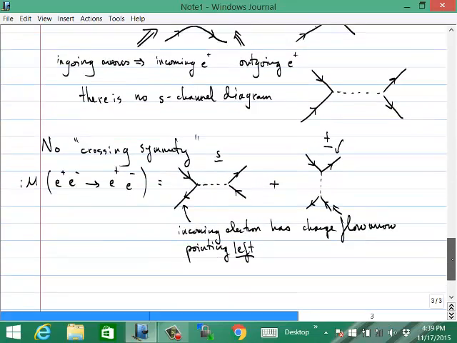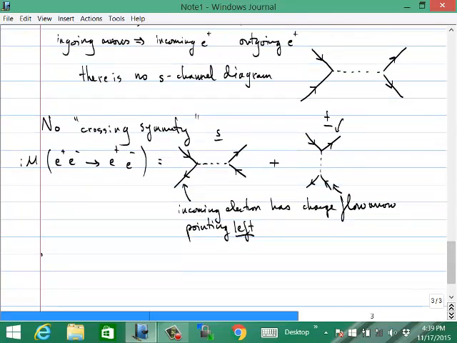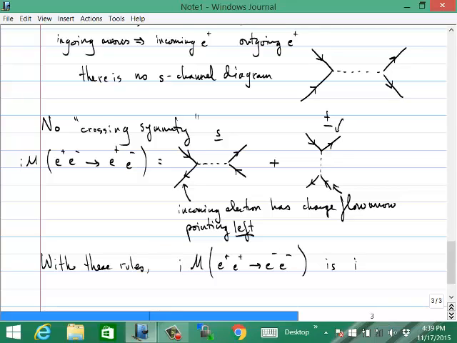Another final comment is that with these rules, some sort of scattering process where you take a positron-positron pair and try to form an electron-electron pair, that process is impossible.